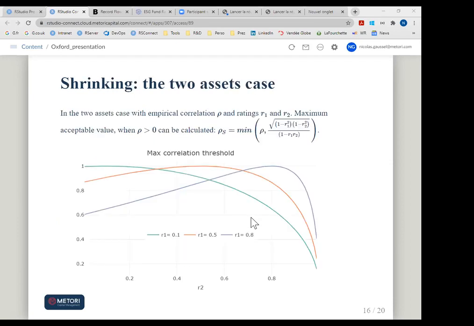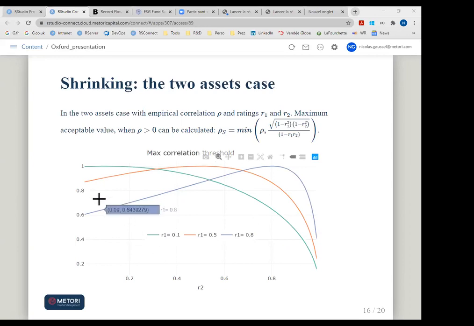Here, I've just run the calculation of the maximum acceptable ESG correlation in the two asset case. So imagine a situation where you have an asset R1 with a rating of 0.1, which in our case is considered a very good rating, very low exposure to an ESG factor.